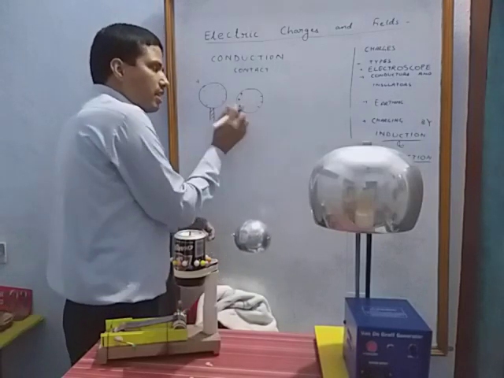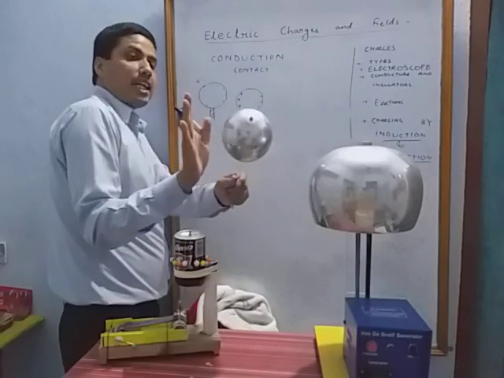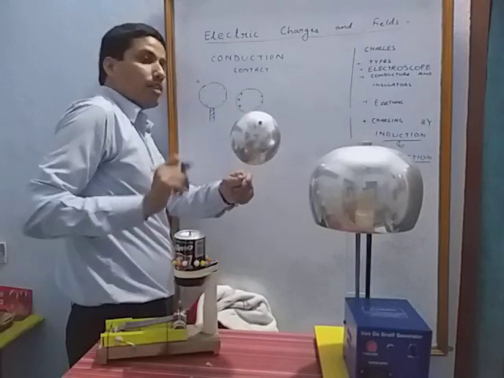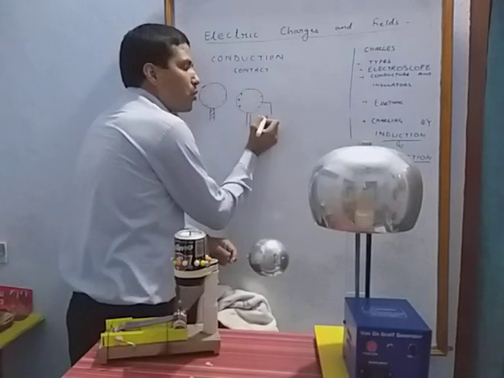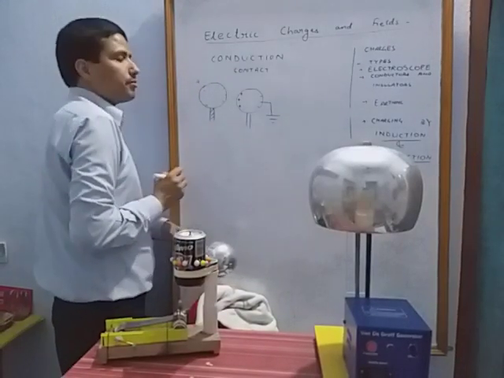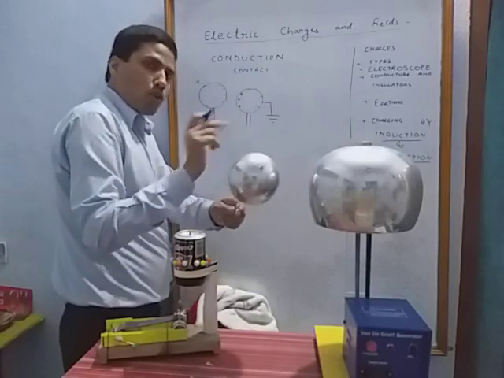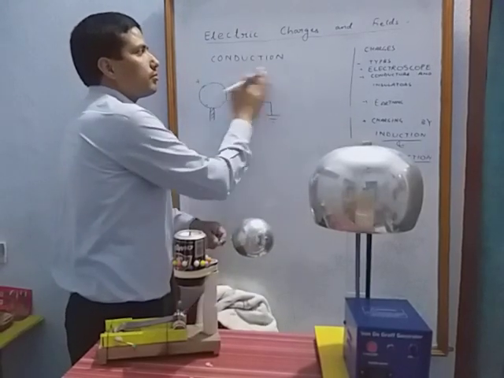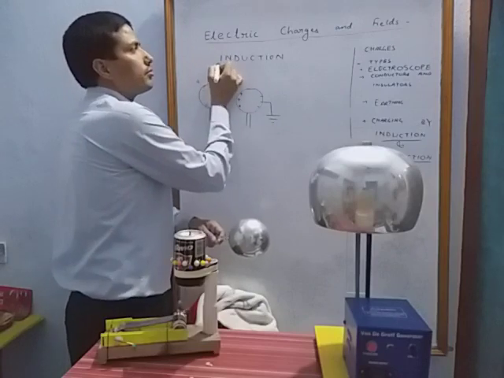Then, keeping it in close proximity, I will touch the opposite end. This end I will touch. Touch means earthing. Earthing means, as I have told you, students, these charges will flow down to the earth. This is the symbol of ground or earth. First I bring this close without contact. So now we are discussing induction.